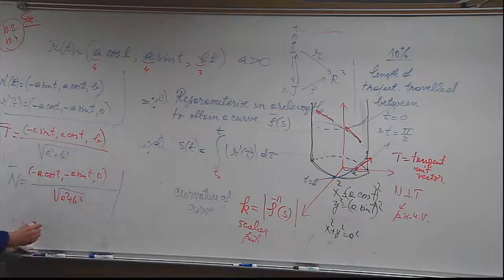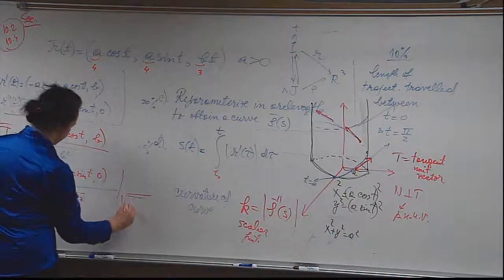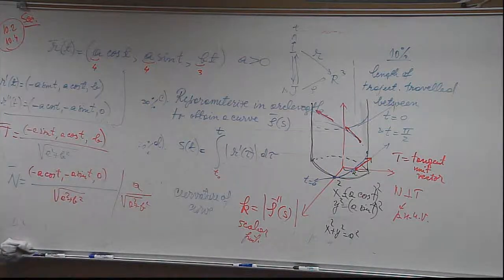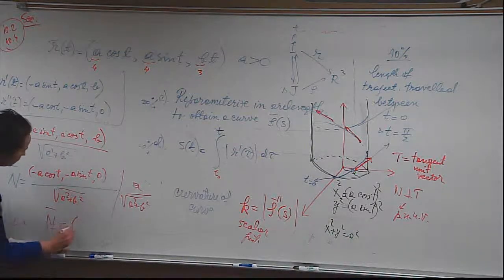And you say, oh, wait a minute, the magnitude of this fellow is simply the magnitude of this over this magnitude. And we've seen last time this is the magnitude of this vector, a. Good.